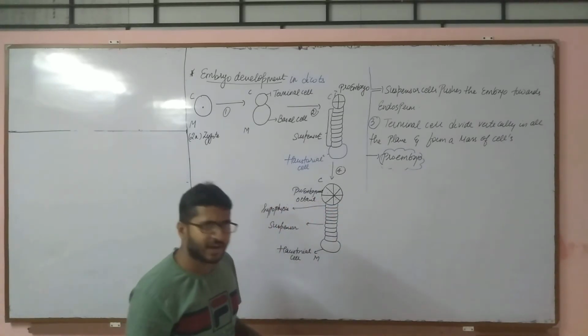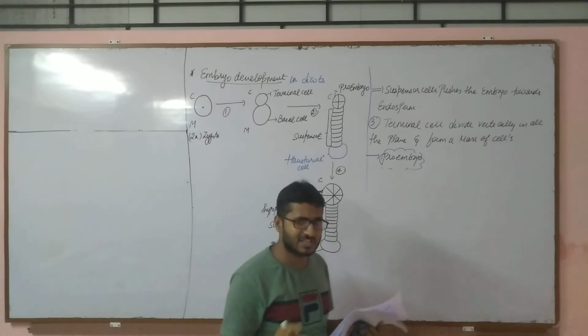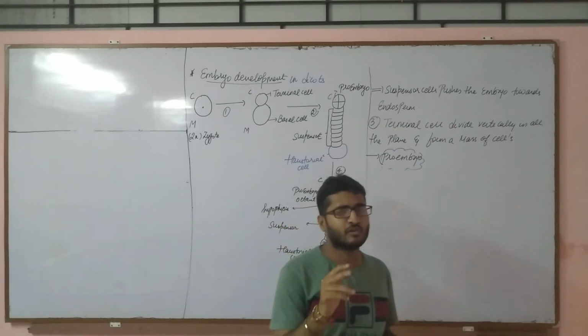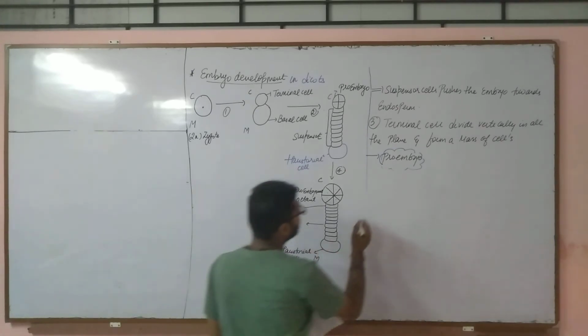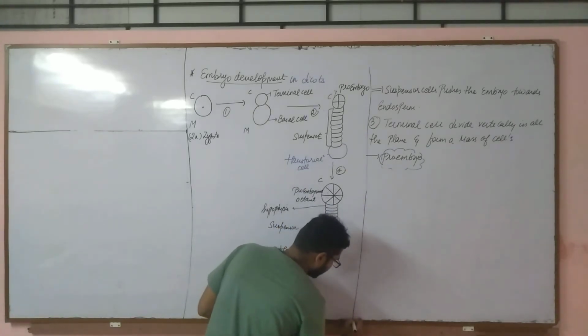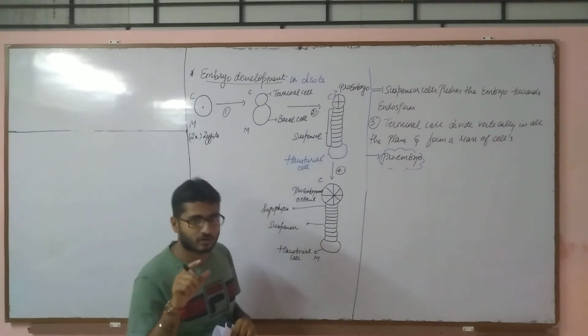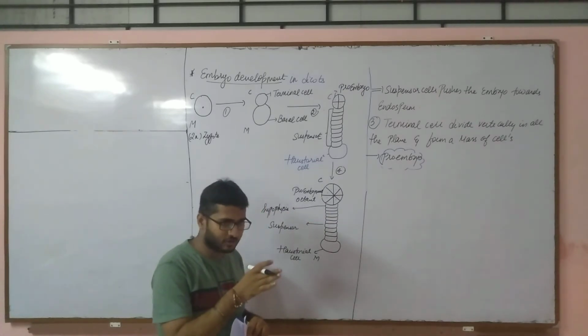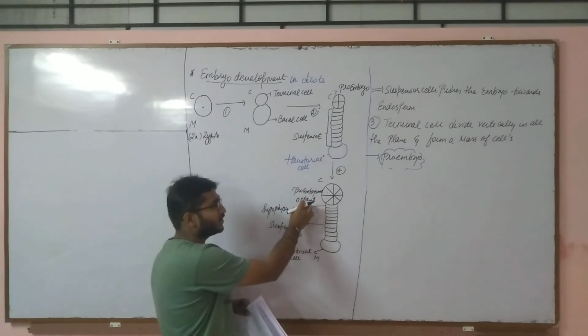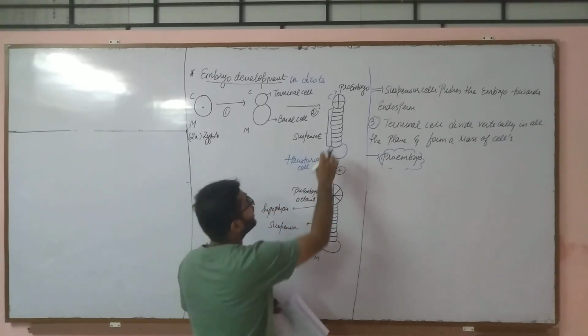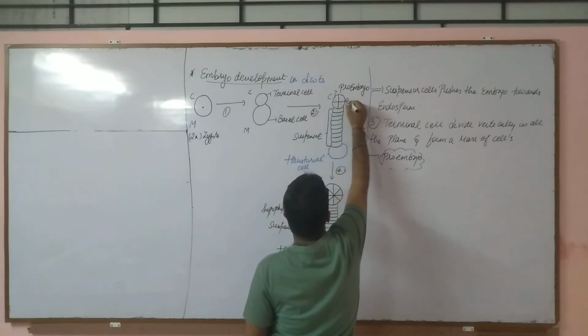This octet will again divide to form the 16 cell stage, and all this division will take place. So say for example the 16 cell stage. If it is the 16 cell stage, then we will obtain 2 octets. That means one group of 8, another group of 8. This is the pro-embryonal octant, which is formed by the pro-embryonal quadrant.